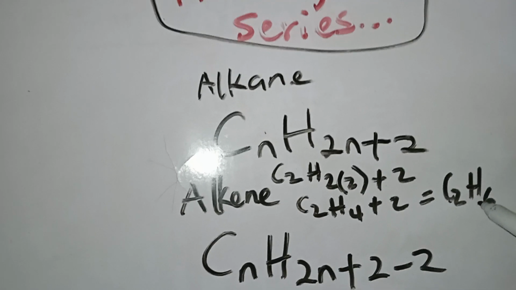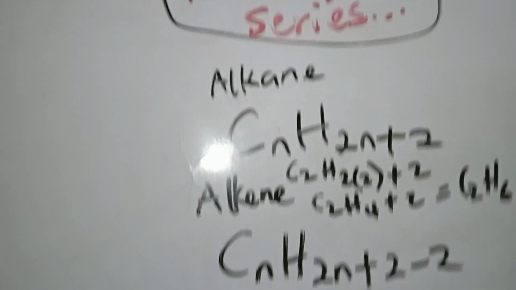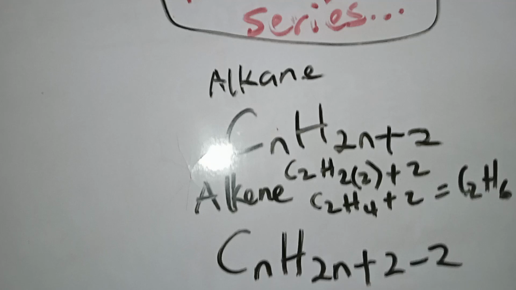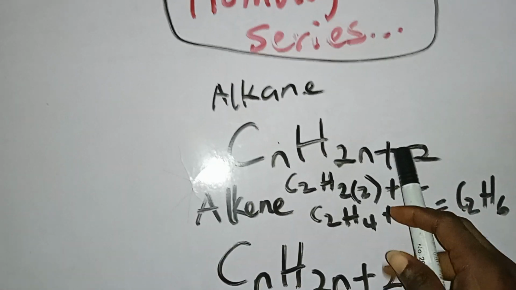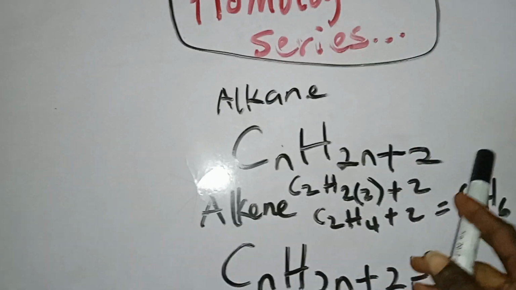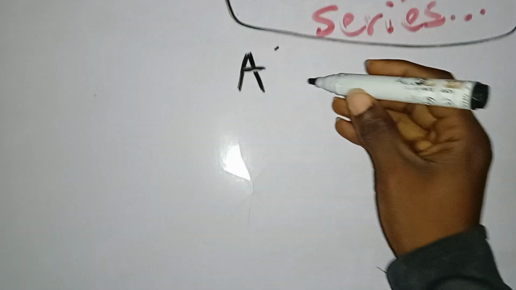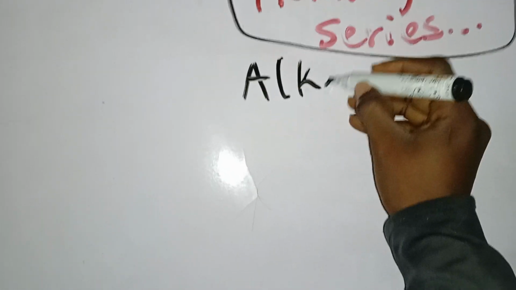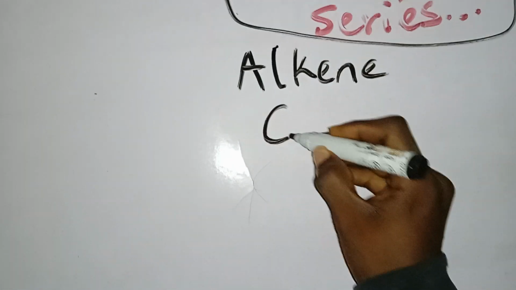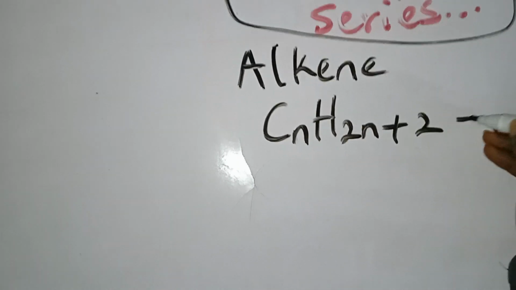Single bond, every hydrogen there is complete, so it is ethane. So for alkane, the homologous series is plus 2. Everything is complete. The formula for alkane is this. Now let's check alkene. Alkene is CnH2n+2 minus 2.